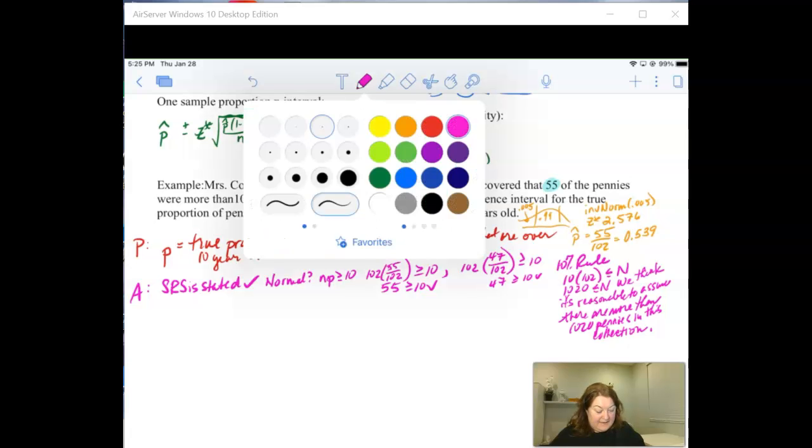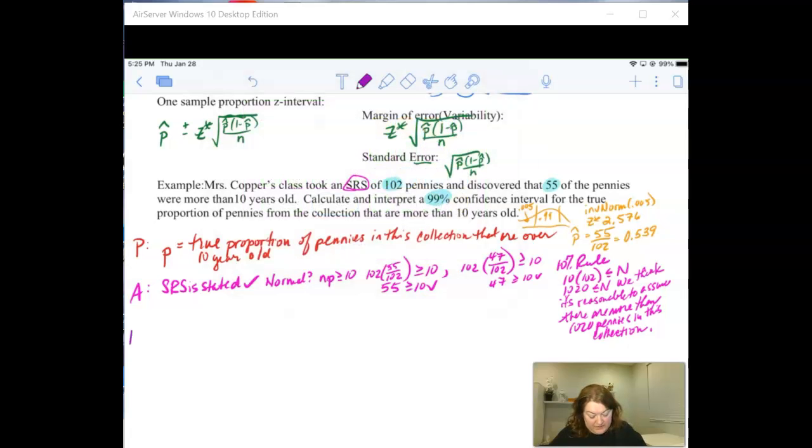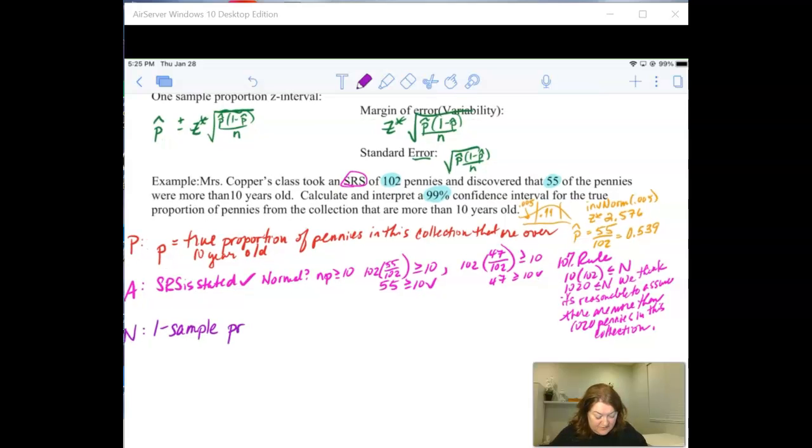All right, next step, N. We are going to name this. So ultimately, this is a confidence interval, but there's a few extra words we want to put in here. Remember, right now, this is a one sample. We're not comparing their collection to another collection. So this is a one sample proportion, or at least abbreviate.